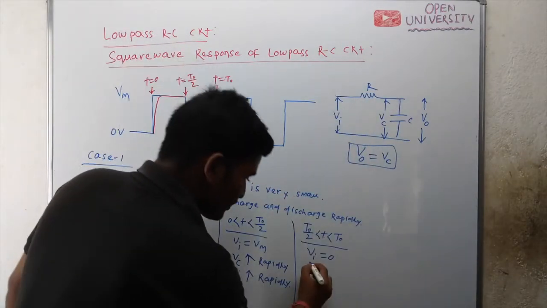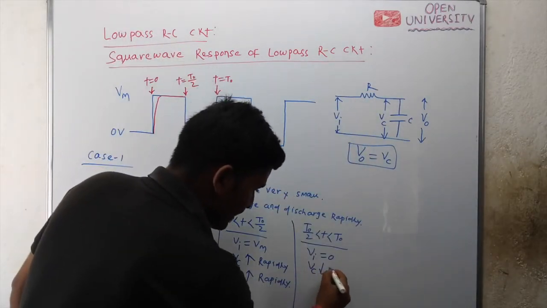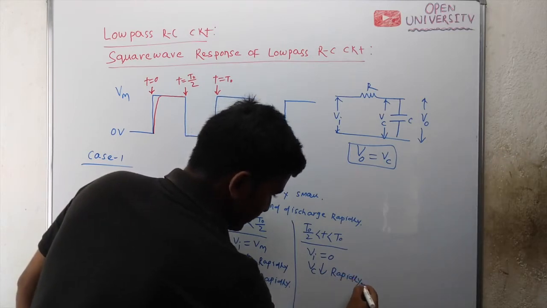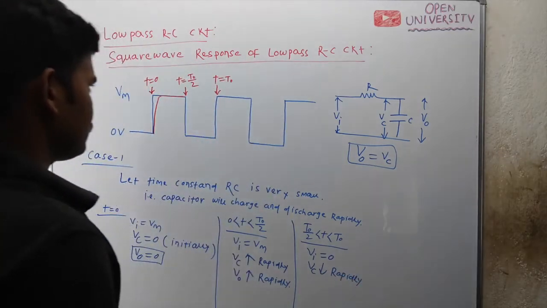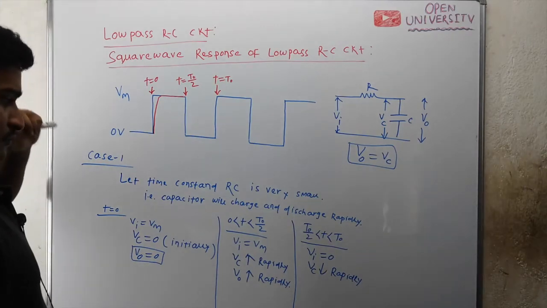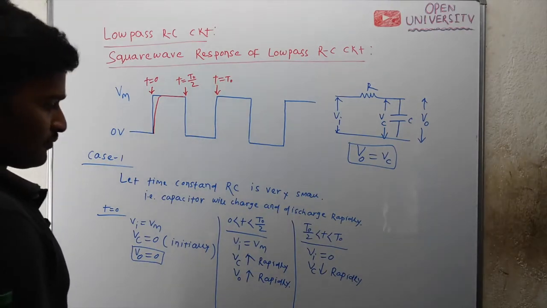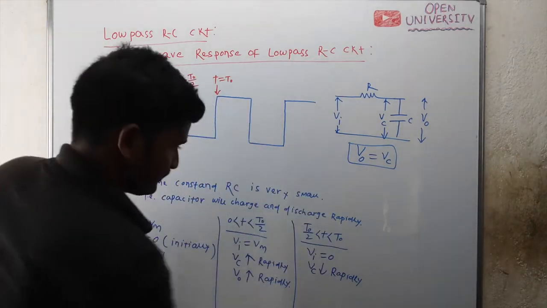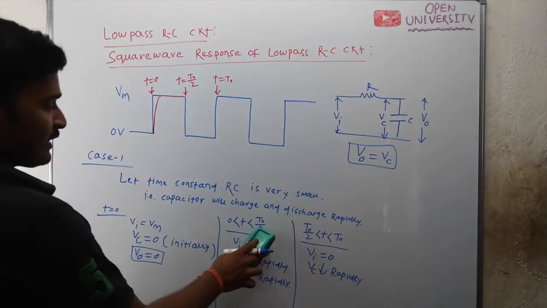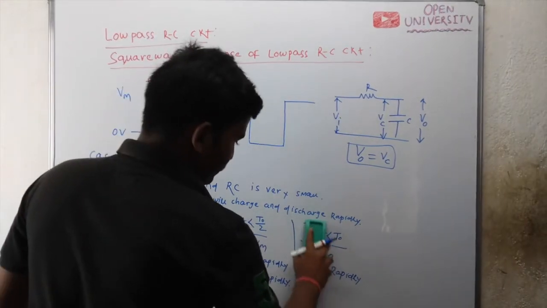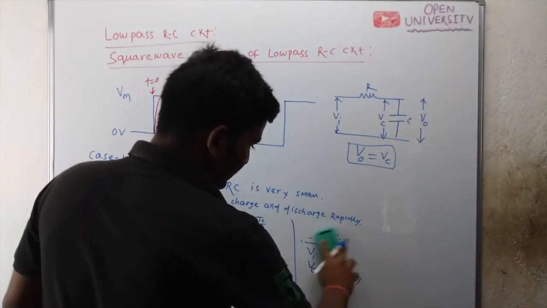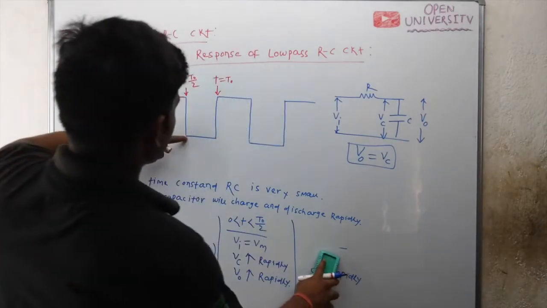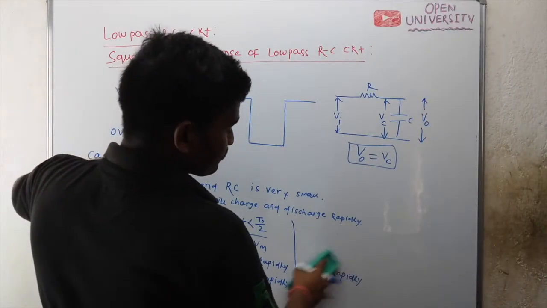So capacitor voltage will decrease rapidly in this interval. Sorry, I have to define what is happening at t equal to t naught by 2 first, before discussing t naught by 2 to t naught.